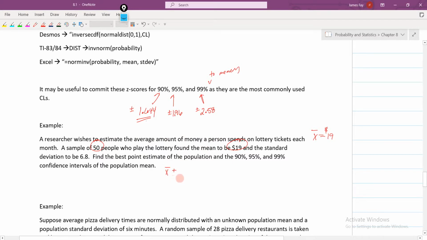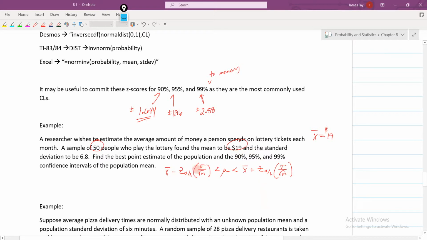So what we're going to do is say X bar plus or minus. So I should say minus first. X bar minus z sub alpha over 2 multiplied by sigma over root n is less than mu is less than X bar plus z sub alpha over 2 times sigma divided by root n.